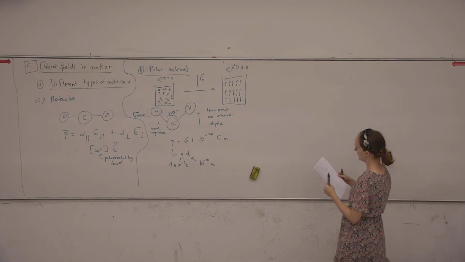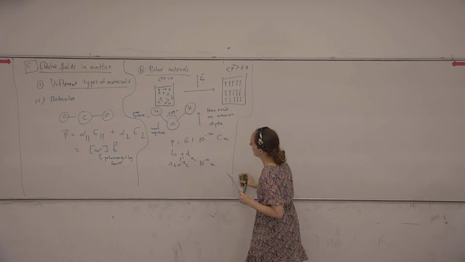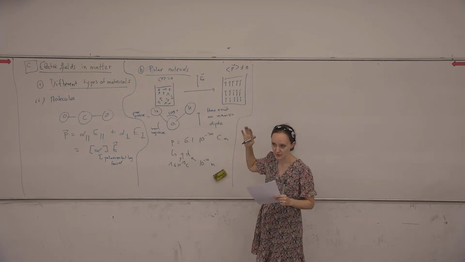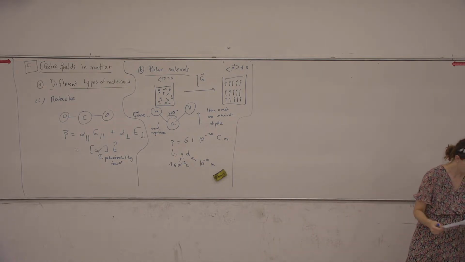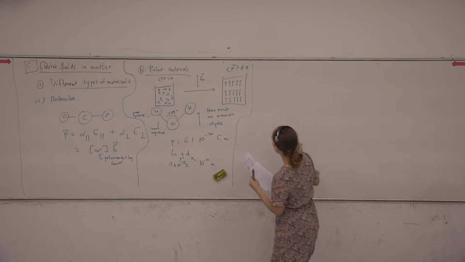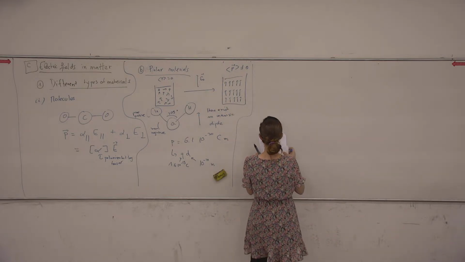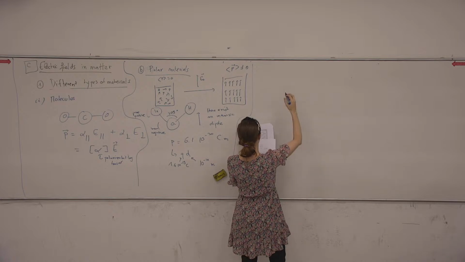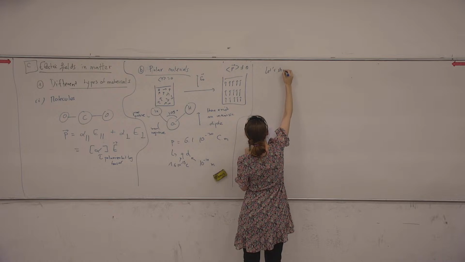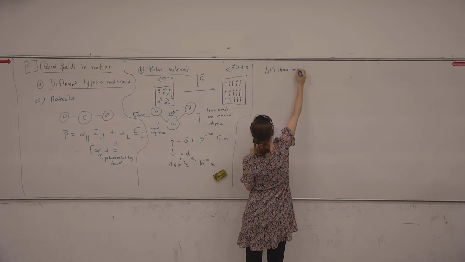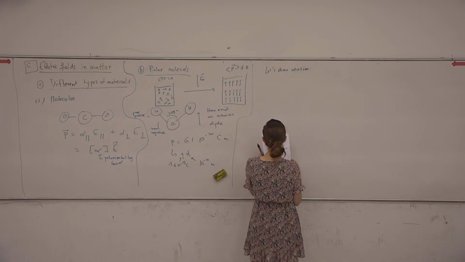Now, I just told you that it's rotating under the influence of a field, but let's convince ourselves that it's true. Why are dipoles rotating whenever I put a field E? Let's show the rotation.